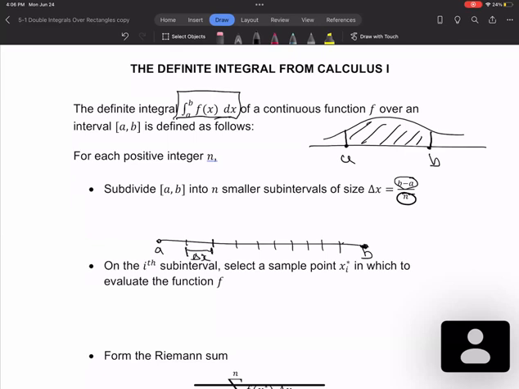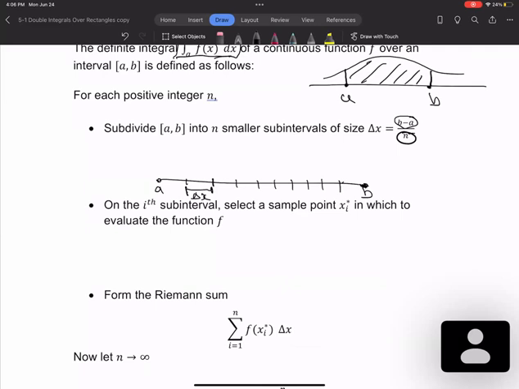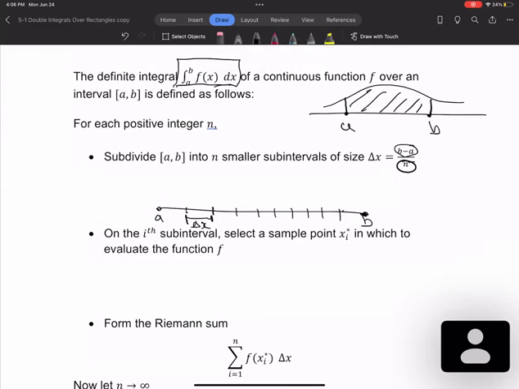And then for each interval, the idea was always to make rectangles like here, here, here, here, here, here, and here.